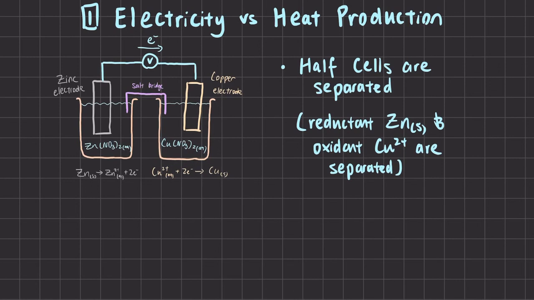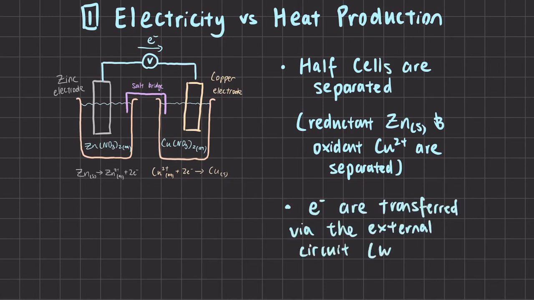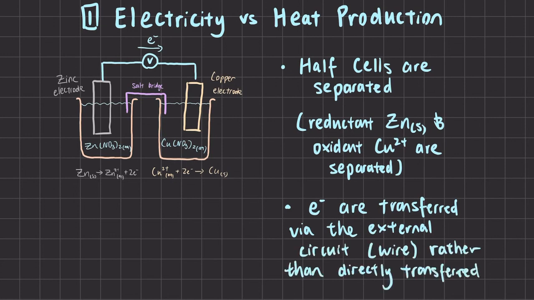And the second point is that electrons are transferred via the external circuit, or the wire, rather than directly transferred. And the second point here is basically the definition of electricity. Cool. So that's why galvanic cells make electricity.